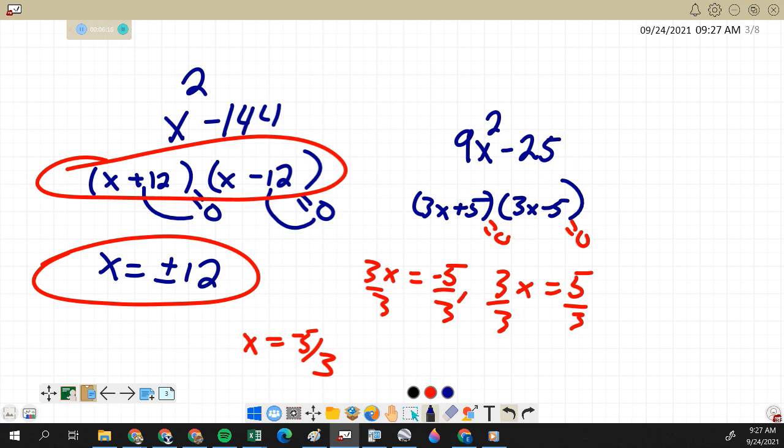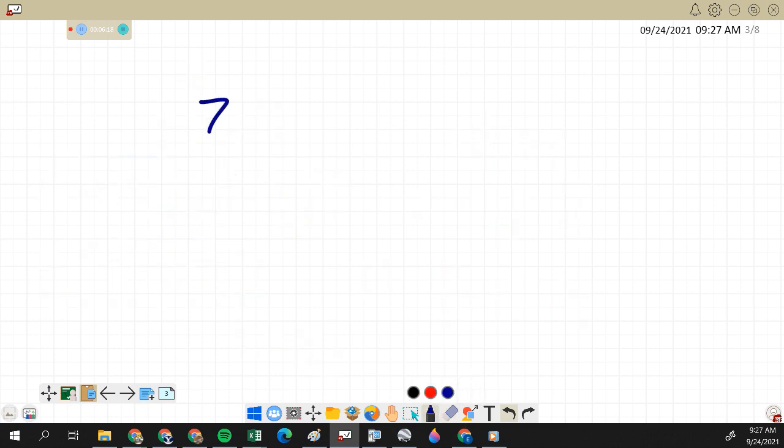Okay. Let's do another one. 7x squared plus 4. How does that factor? Oh, not 7. That doesn't work. I meant 49x squared plus 4.